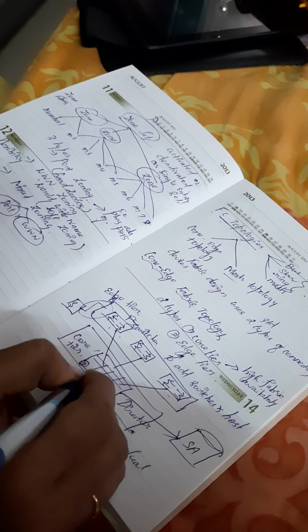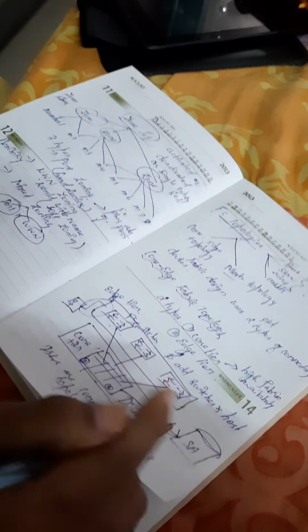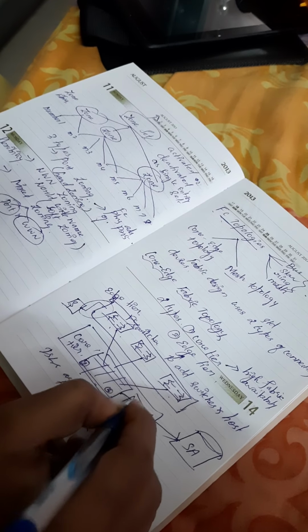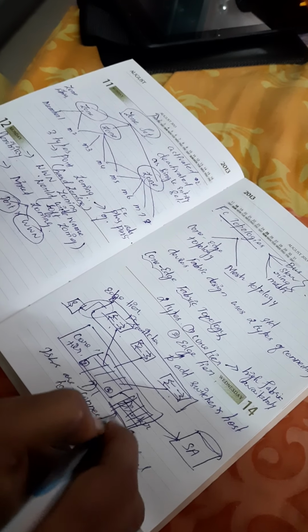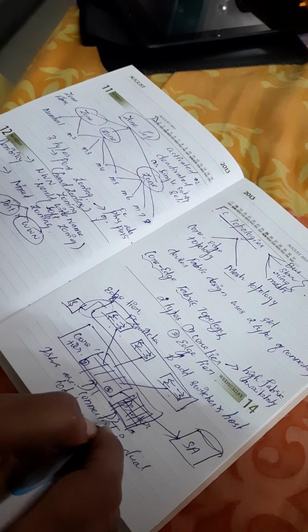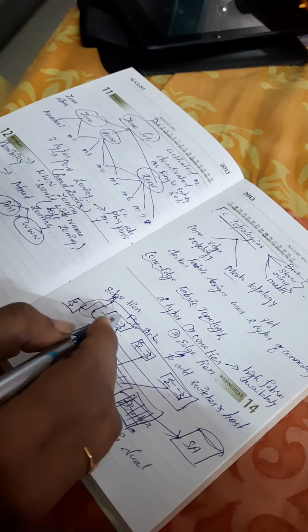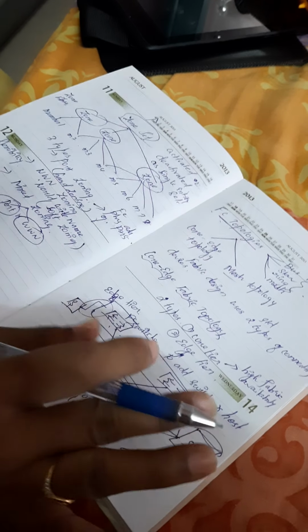In dual topology, there will be two directors, director 1 and director 2. This is the dual core topology, and the edge will be the same.